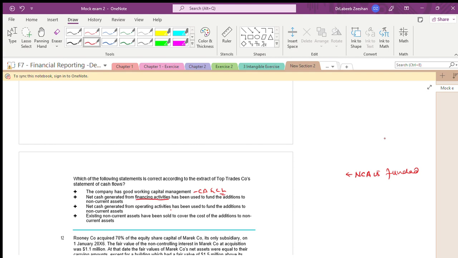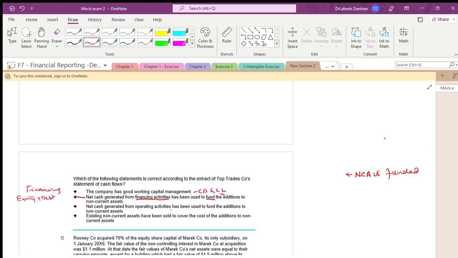Financing activities are what? Here I will write. When we are talking about financing activities, you are talking in terms of equity and in terms of debt. This is not generated, you are borrowing, is it right?